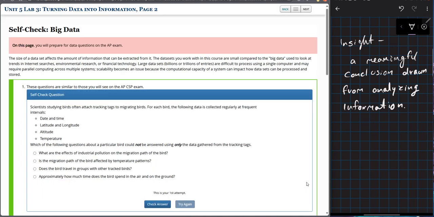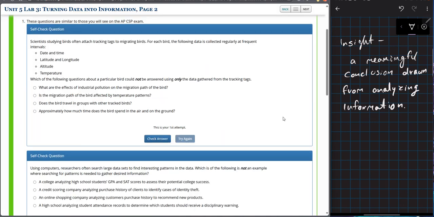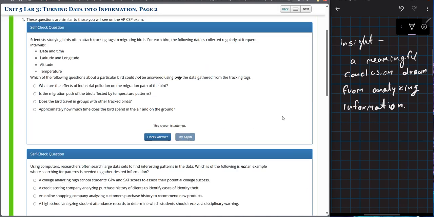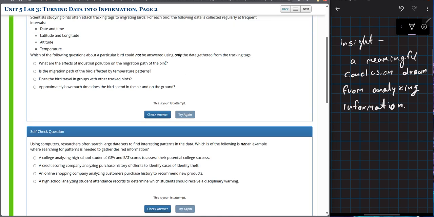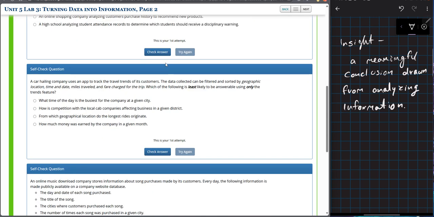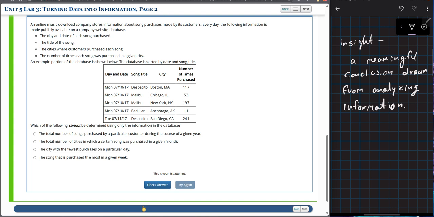Next. Now in this page, take your time with these questions. These are questions you'll see on the AP exam, and you need to use a lot of context clues and common sense. These are freebie questions, really. If you read the question, internalize the information, analyze it and then make a meaningful conclusion out of it, it's very easy.